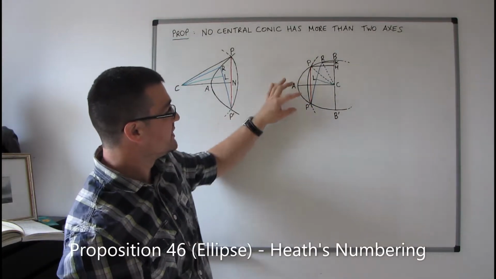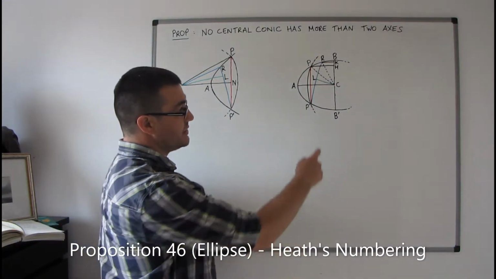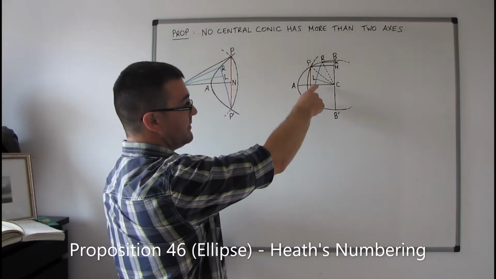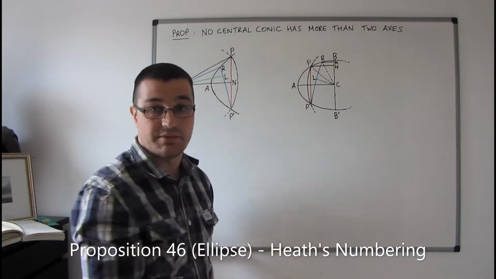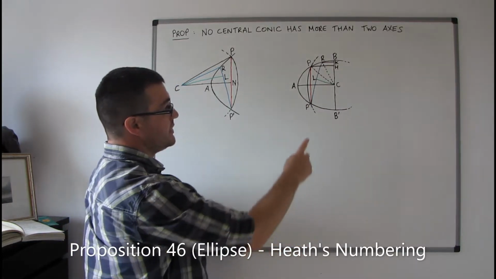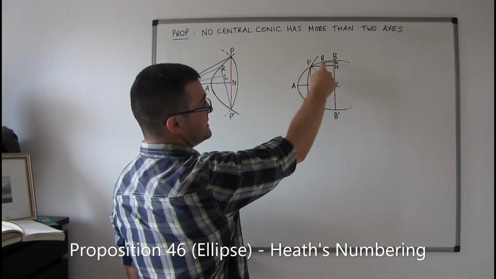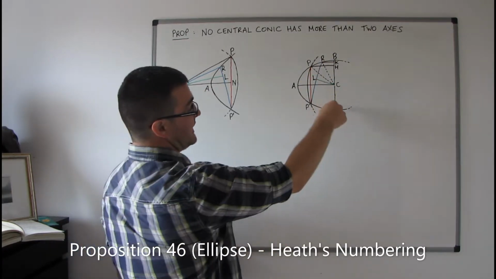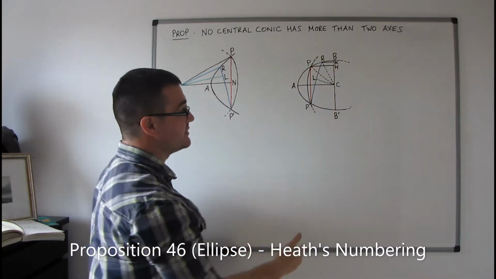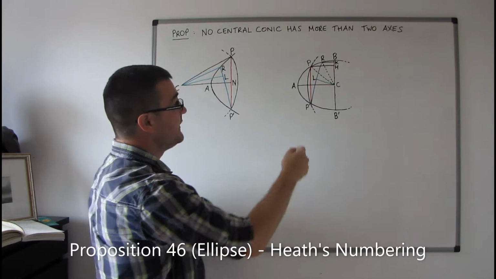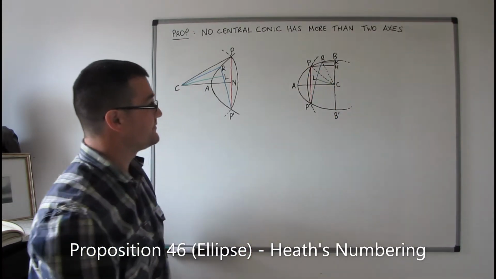So that's P primed R, the chord that we draw. That's going to be bisected at the point L, and both angles CLR and CLP primed are going to be right angles. We're going to draw lines ordinate-wise from the minor axis to the points P and R. So the angles CHP and CKR are also going to be right angles, with this being an axis. And we're going to join P and R to the centre.